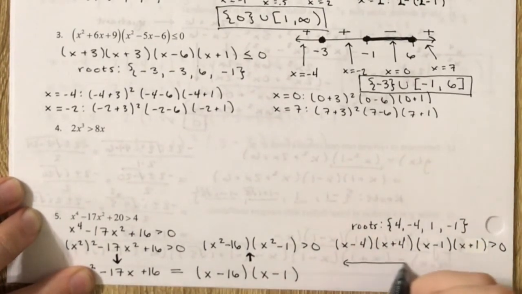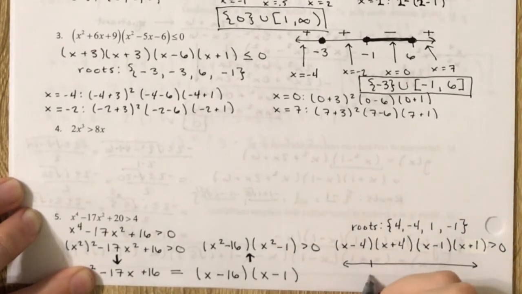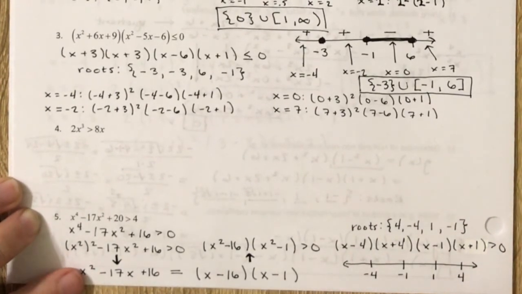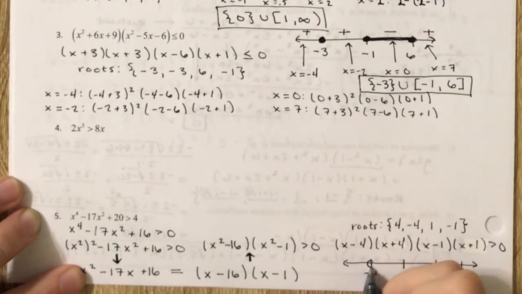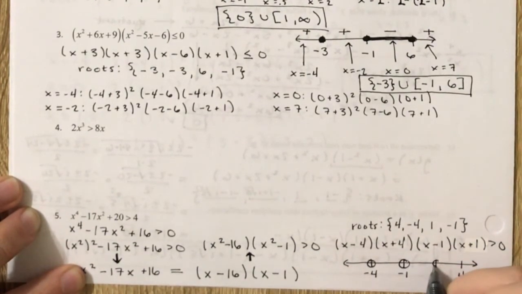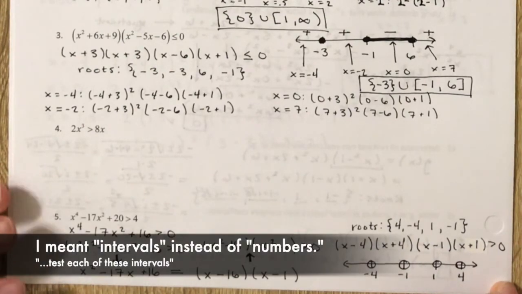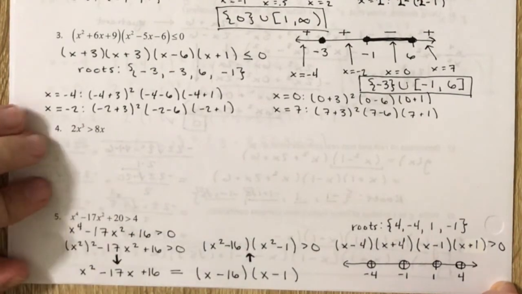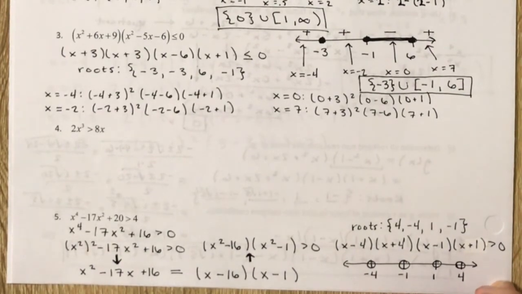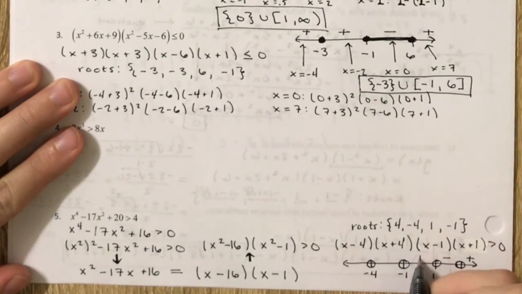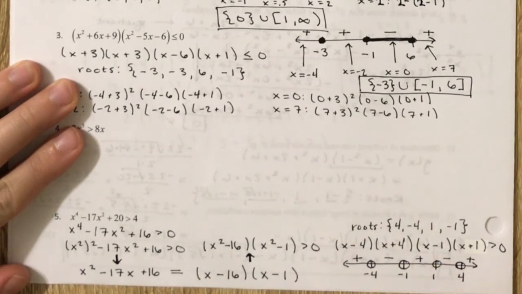So I put all of those on the number line: negative 4, negative 1, positive 1, positive 4. They're all going to have open points, because we are strictly greater than, not or equal to. I want to test each of these numbers. In order to save time, I'm just going to tell you that it's positive, negative, positive, negative, positive.